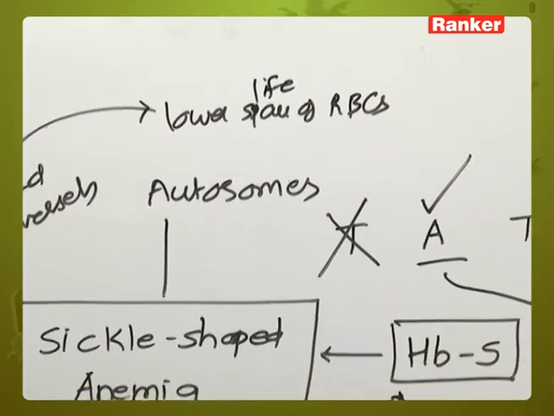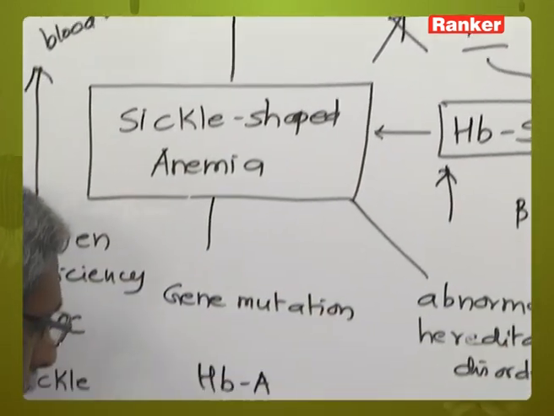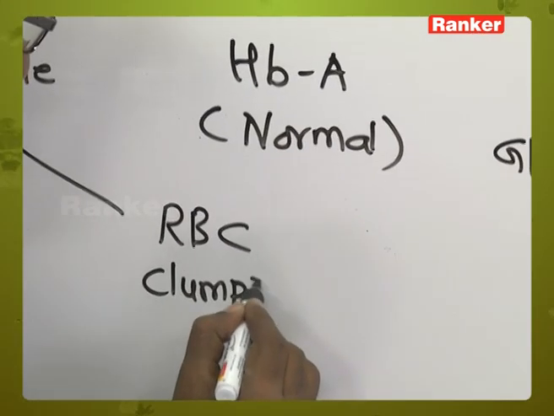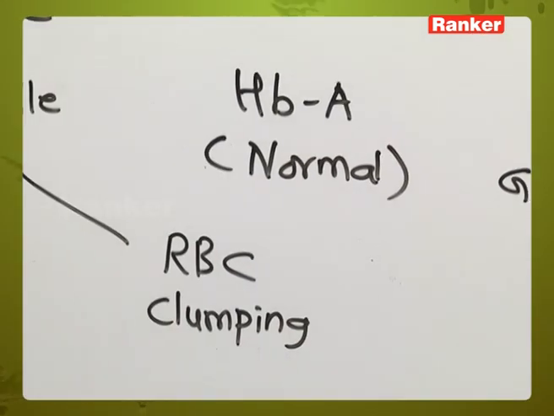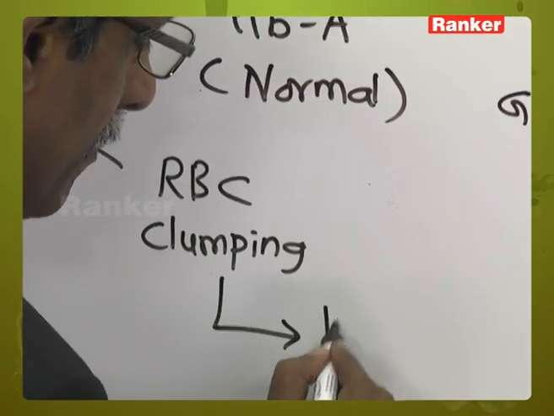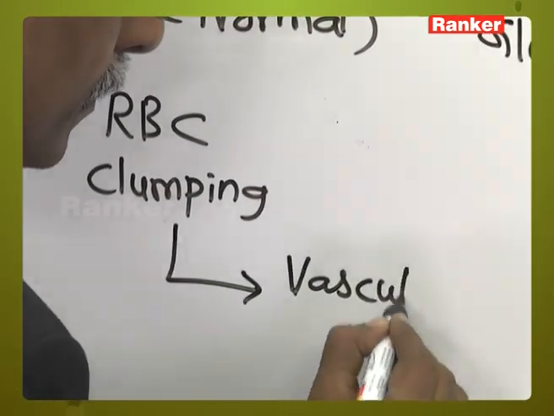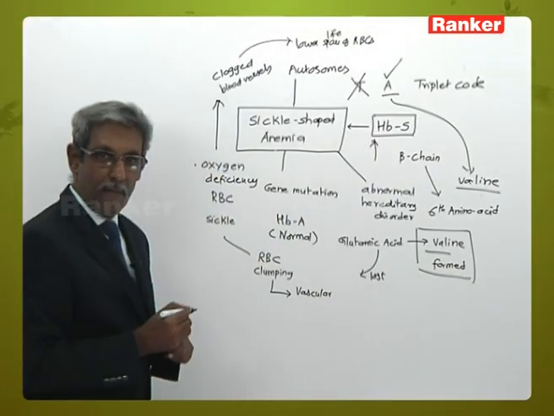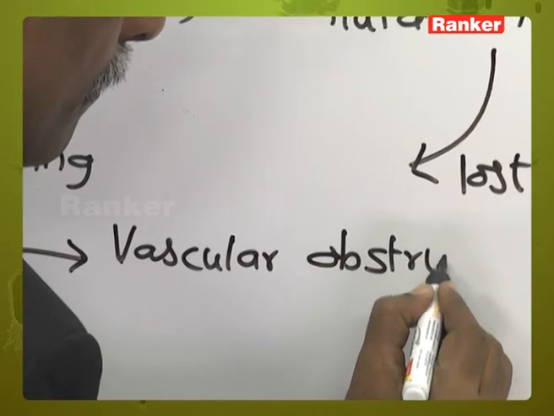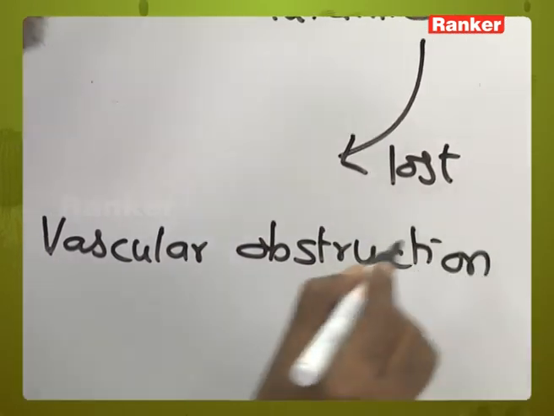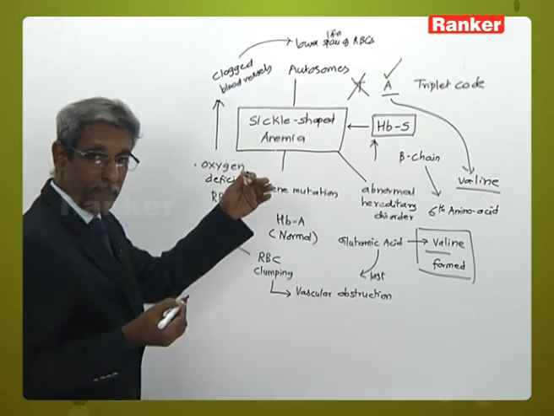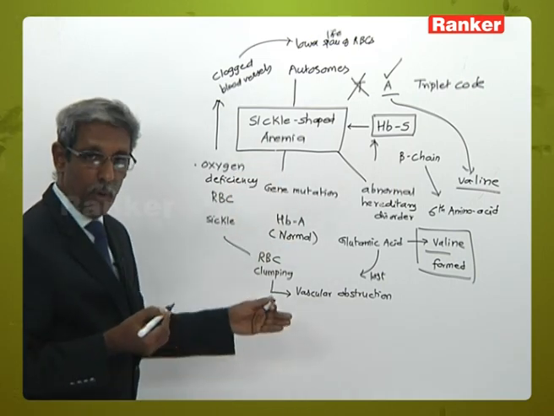It results in RBC clumping due to lack of oxygen, RBC clumping, which finally results in vascular obstruction. Due to vascular obstruction, most of the metabolism is lowered.